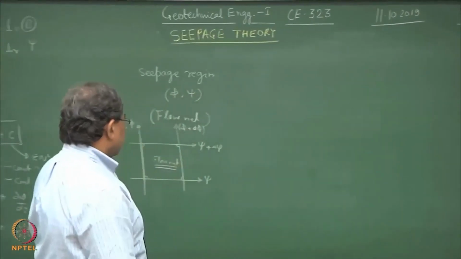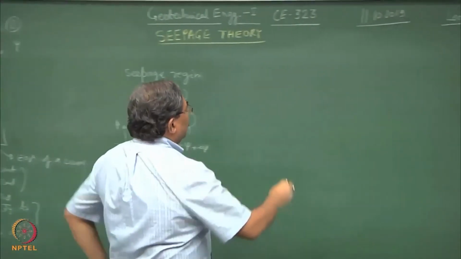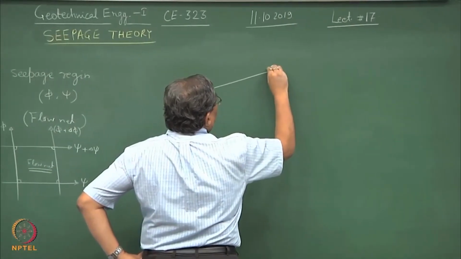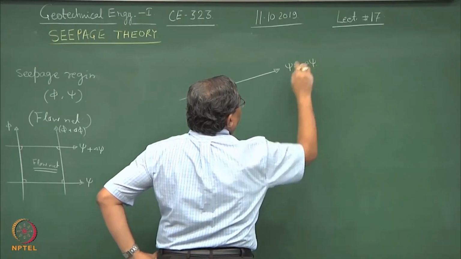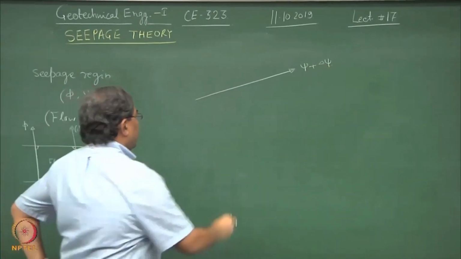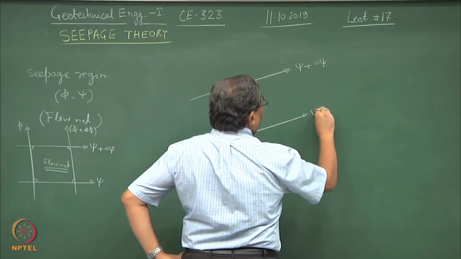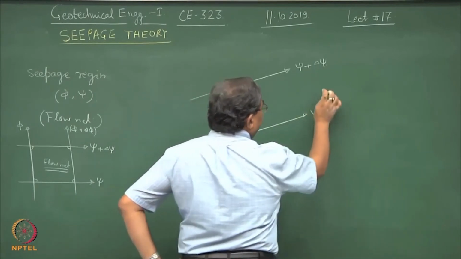Let us generalize this. So, suppose I assume that this is the psi plus delta psi, and there is another flow line which is depicted as psi.